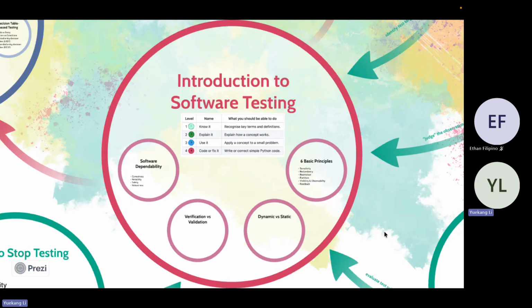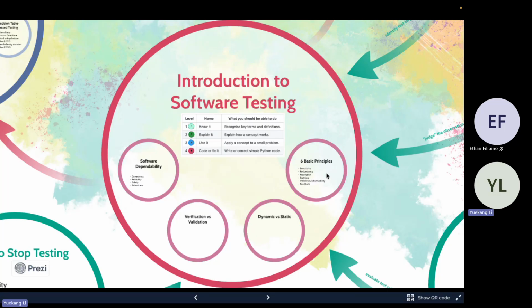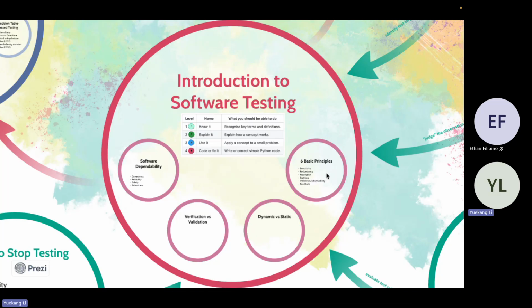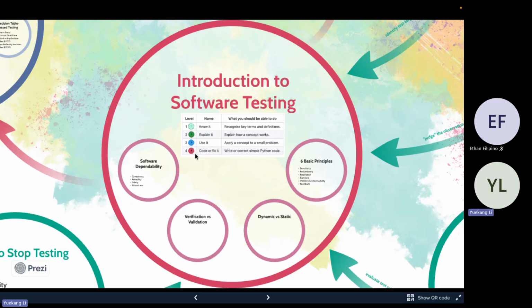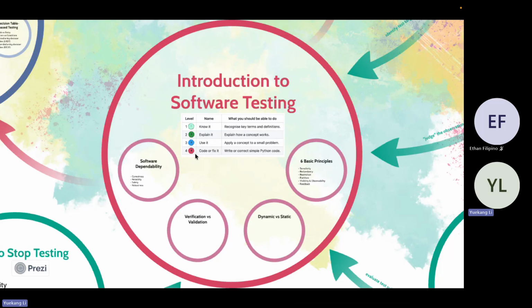Before we start, I added some annotations to this page to denote the understanding level needed for the final exam. There are 4 levels. The first one is you just need to know that there is such a thing, so you just need to know the concept.